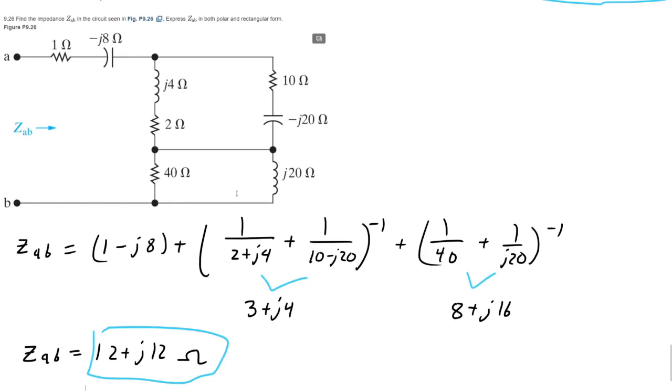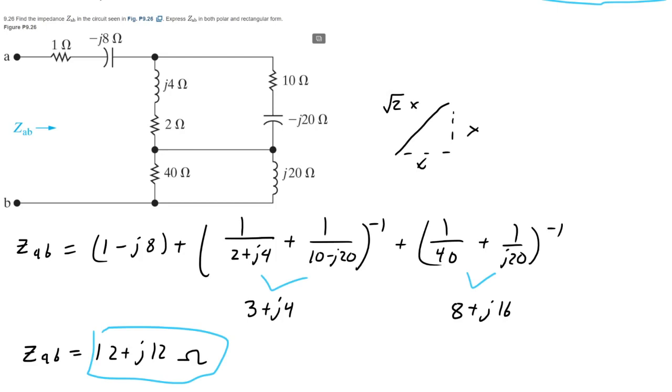So also, we have to express it in polar and rectangular form. Well, this is pretty easy. It's like before where we had the 3, 4, 5 triangle. This time we have a 45, 45, 90. So we don't really have to do any math. This is obviously going to be root 2 times whatever x is.